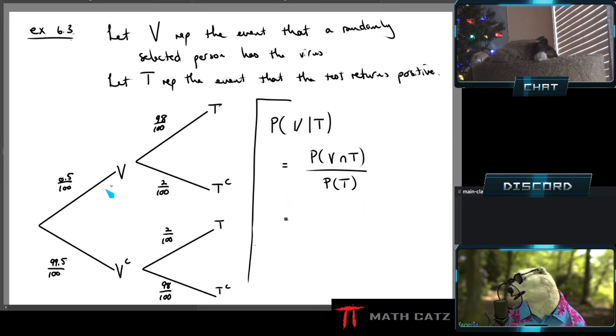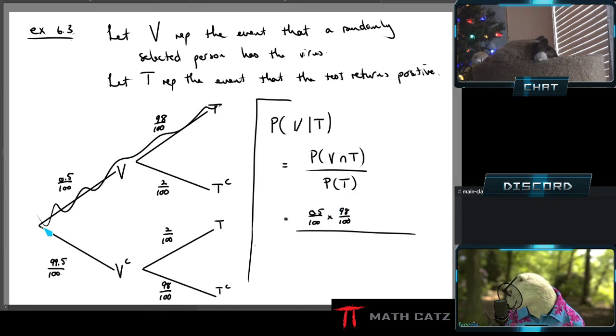In the top case, I only have the top path. That'll give me a V and a T, only the top path. So the probability of that path I get by multiplying along the path. And it's done. The bottom one, however, I can get with the top path or with this third path, because it only requires T.